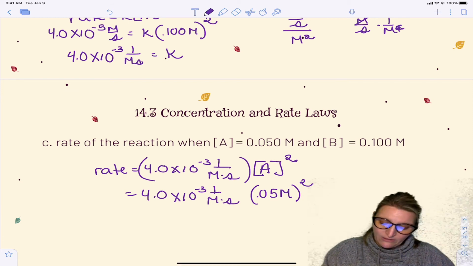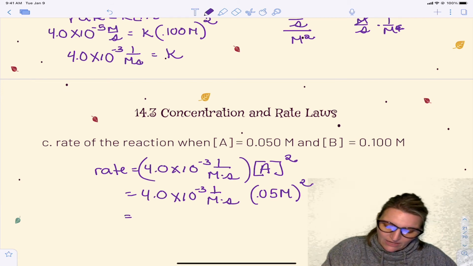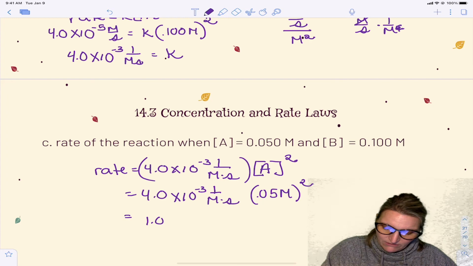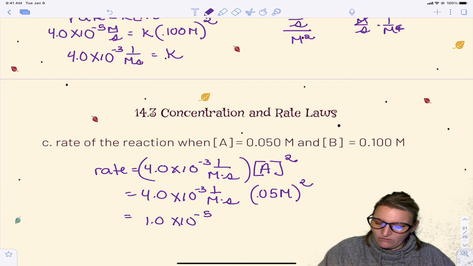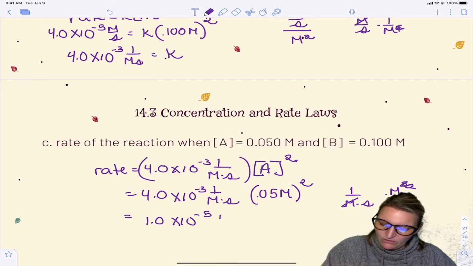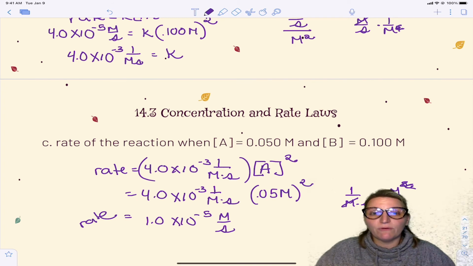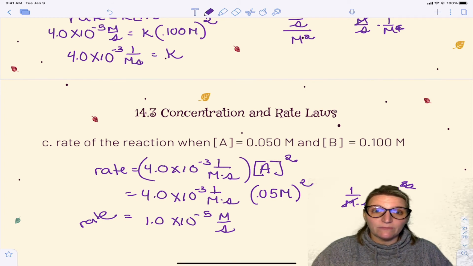Right? Multiply, do that out, and I get 1.0 times 10 to negative 5. Think about what happens to the units here. 1 over molarity times seconds times a molarity squared. One of these molarities cancels out with one of that molarity. So this would be molarity on top and seconds on the bottom. And since you're solving for rate, that's exactly what you want.